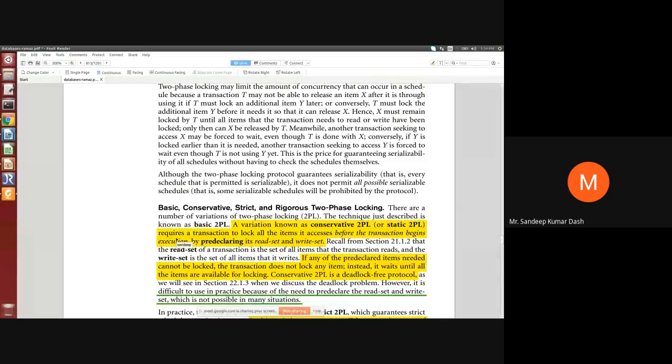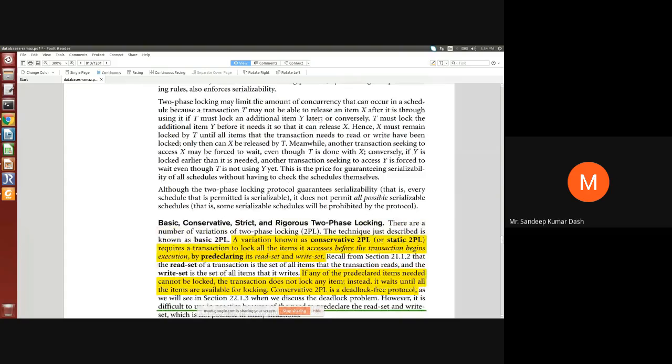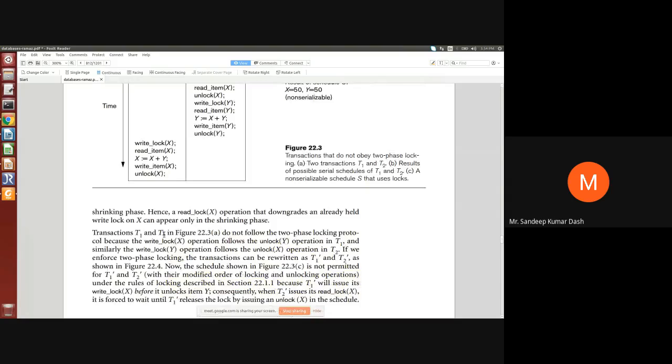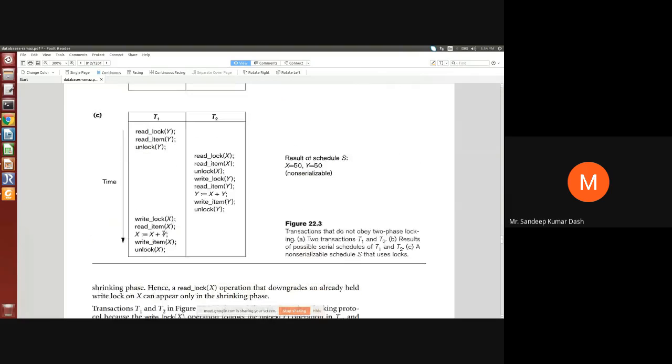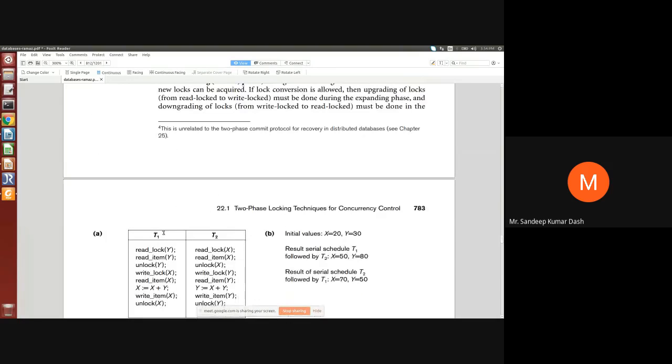So in normal two-phase locking, there are two phases. One is the expanding phase, another one is the shrinking phase. Expanding phase means gathering the locks on data items. You go on acquiring the locks.